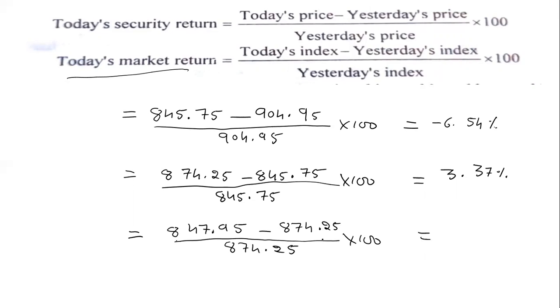Again, yesterday's price is greater than today's price, so we will get a negative value. After calculating, we will get minus 3.01%. So this is what we calculated for market return.